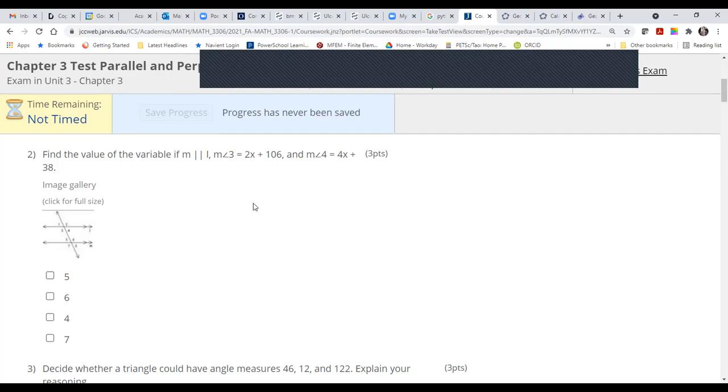Okay. So that means you need to add this one with this one equal to 180 degrees, and then you can find what is the x, right? So the answer will be one of these.